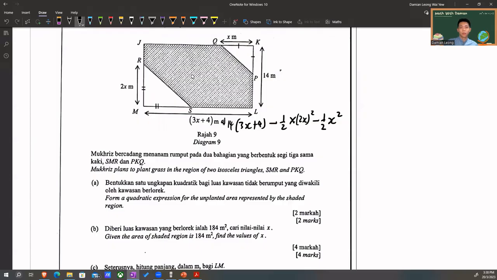Yeah, this is part A. So basically expand, so 42x plus 56 minus 2x squared minus half x squared.